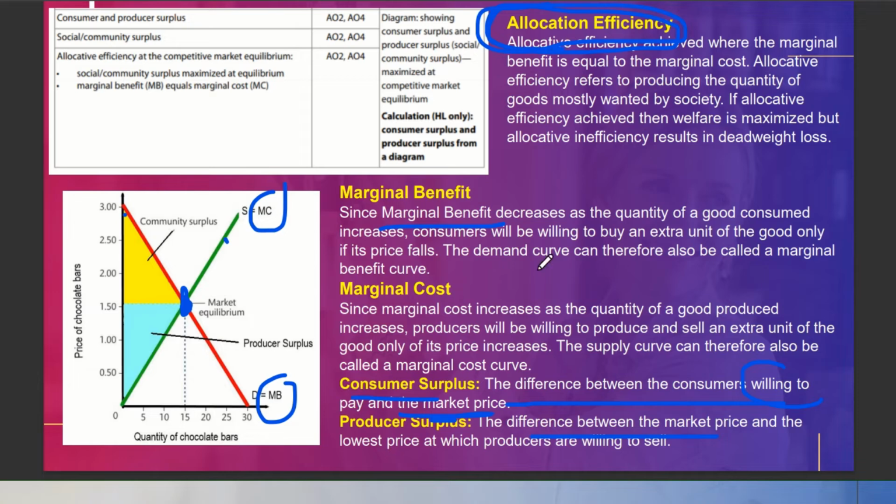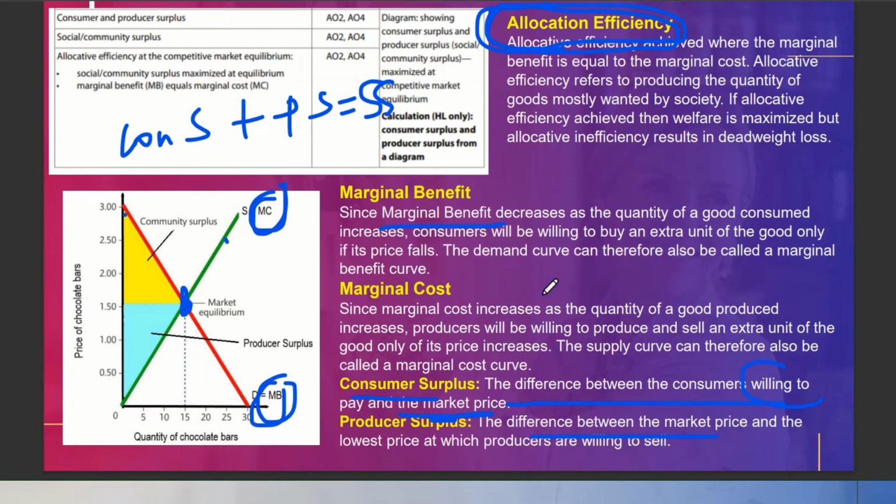Consumer surplus plus producer surplus is equivalent to the social surplus, or community surplus, like that you can say. This social surplus is maximum where the marginal benefit and marginal cost are equal.